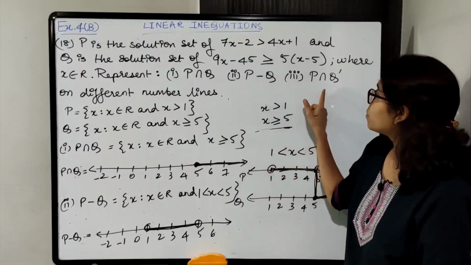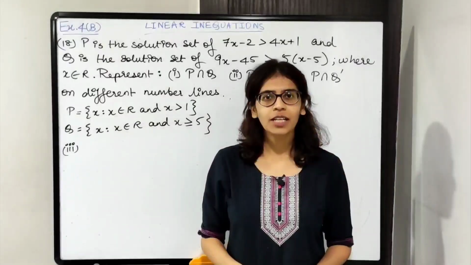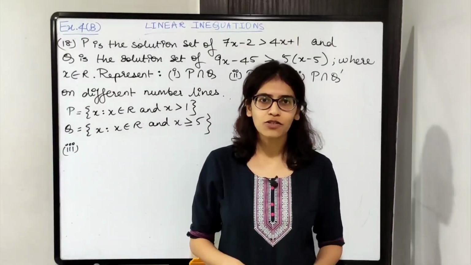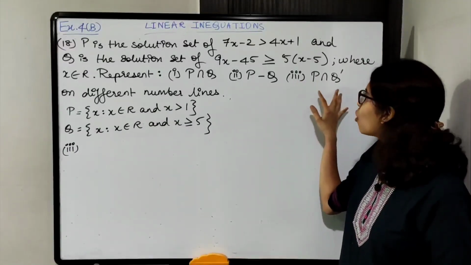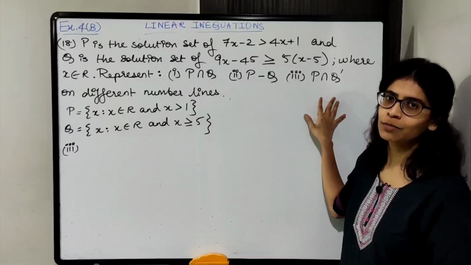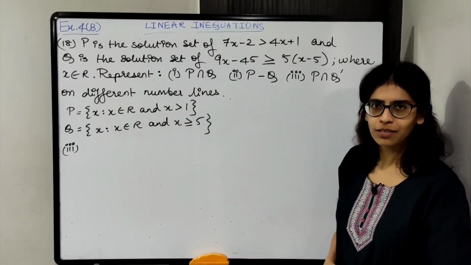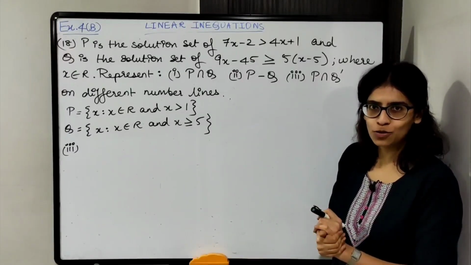Now coming to the last part, P intersection Q dash. Last part is P intersection Q dash. P intersection Q dash will be the common elements, that is the common numbers of P and Q dash, है ना? Common numbers of P and Q dash.